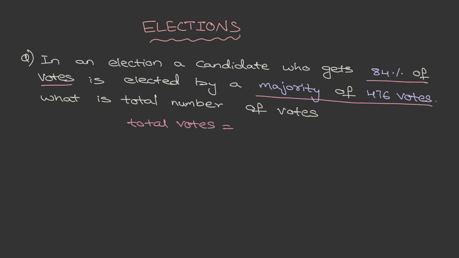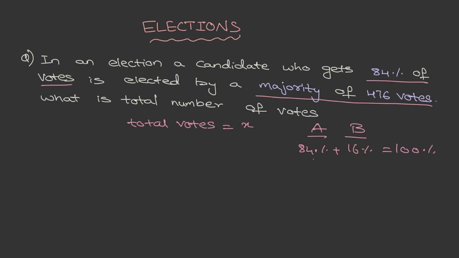Let's assume total votes is equals to X. And by the question we can know that there are two candidates participating. Let them be A and B. Suppose A wins, and given that A got 84% of votes, then B will be getting 16% of votes, which on combining gives us total votes, that is 100% of votes.